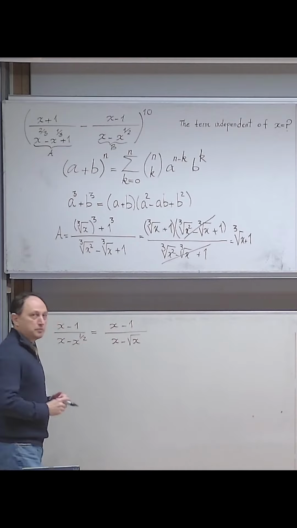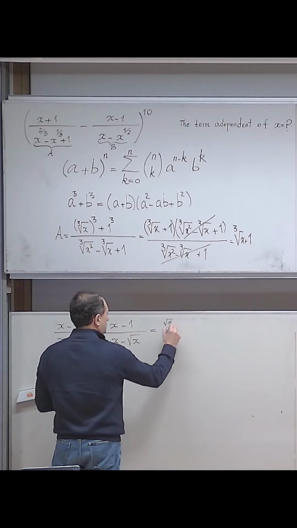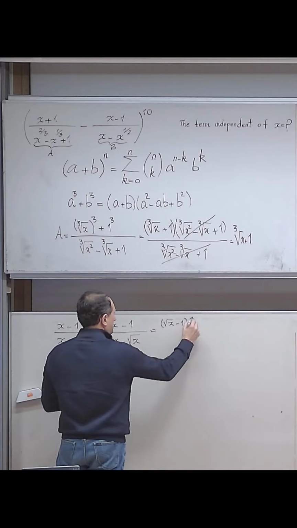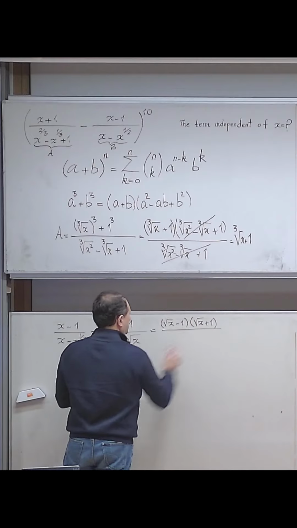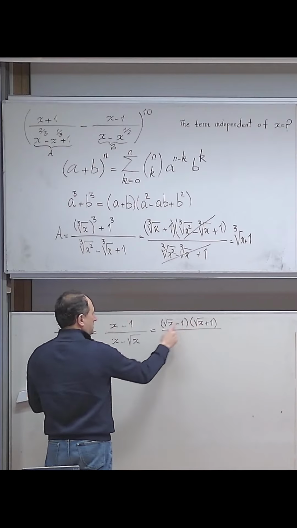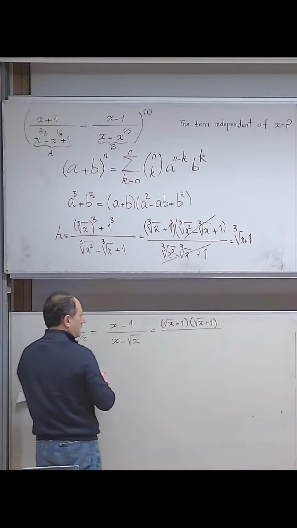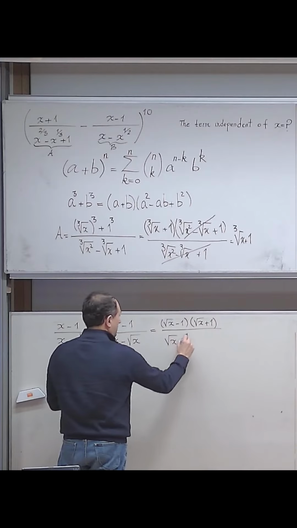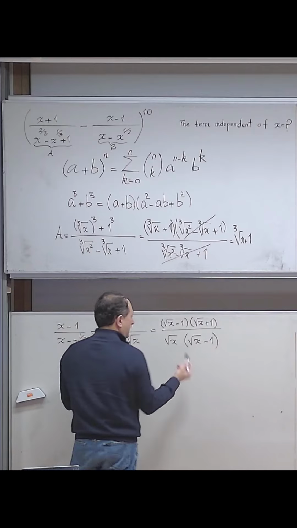But I can simplify this. How? I can use the conjugate rule to factorize it, to write it as a product. Why is this correct? Because this times that is the first one squared minus the second one squared. But between these two, I can factor the square root of x out. Then this becomes the square root of x minus 1. Why is that correct?